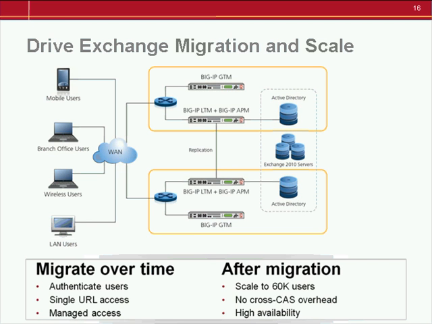It could be OWA, it could be ActiveSync, it could be Outlook Anywhere. So users don't have to worry about changing URLs or changing bookmarks. You just continue to use that same URL, and it would be the intelligence within the BIG-IP devices that then puts them to the appropriate location.